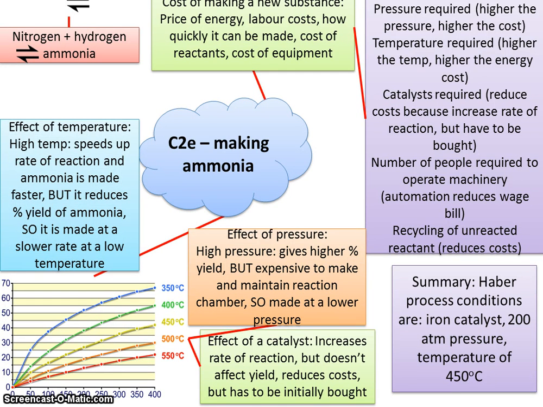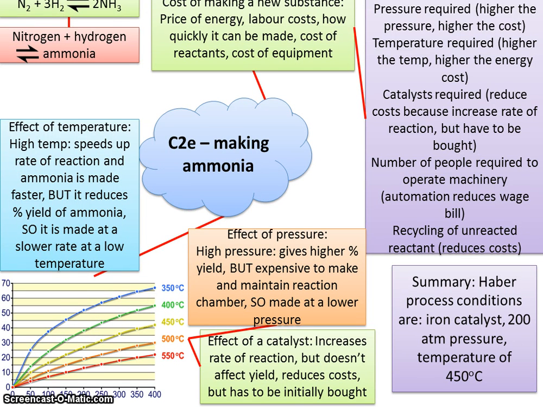So you can see we're starting to look at, it's not just about the process, it's about all the other factors as well. The effect of the temperature. The high temperature speeds up the rate of the reaction and the ammonia is made faster, but it reduces the percentage yield of ammonia, so it is made at a slower rate at a lower temperature.